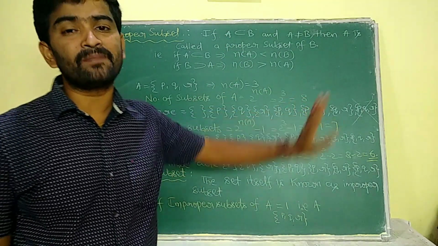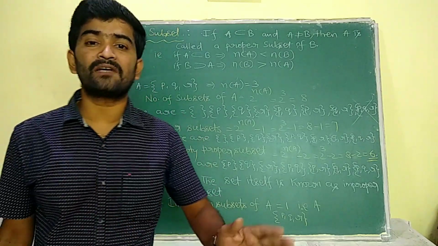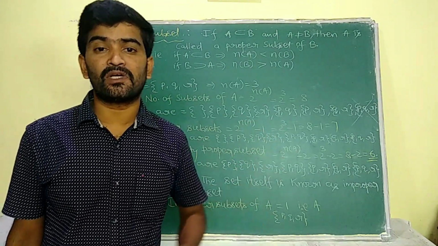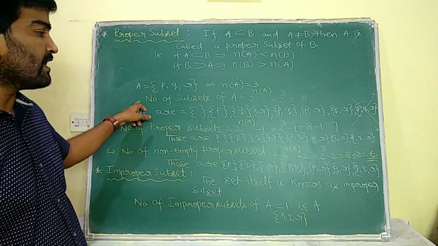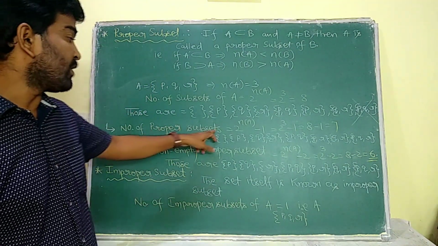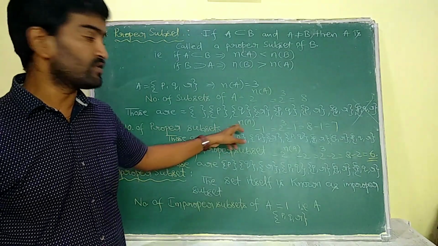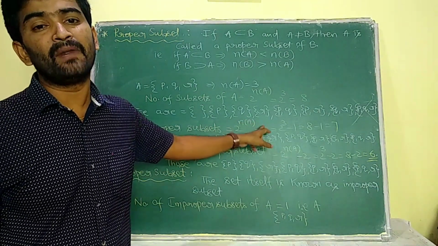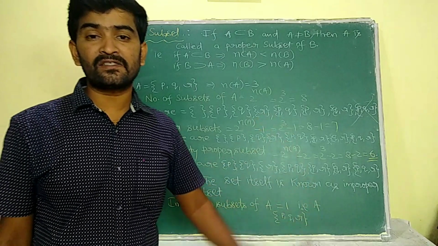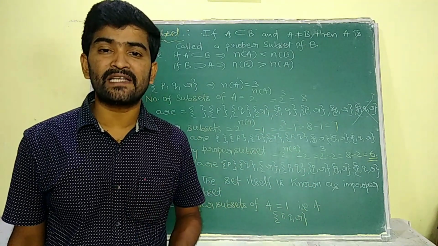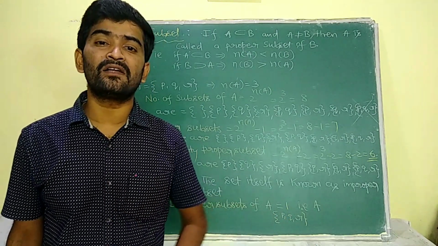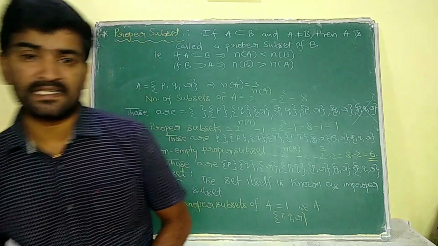Because except that main set, all the rest of the subsets are proper subsets of the given set. That is the generalized observation. The number of proper subsets of any set is 2 power of its cardinality minus 1. We do minus 1 because we are removing that main set. If I remove that main set, then all the rest of the subsets are proper subsets of the set.